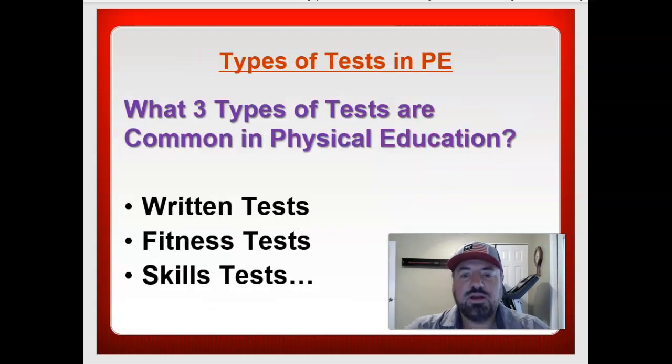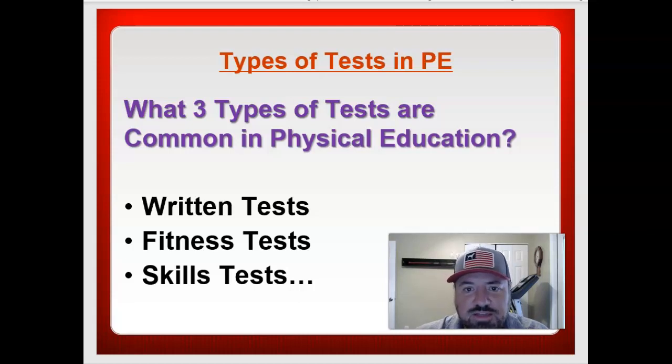So another thing that's important in assessments is understanding some basic common tests that might be used in physical education or different courses. All right. So there are 3 big broad categories. There's your written test, right? That may be multiple choice, fill in the blank, essay, something you do on pencil and paper. There are fitness tests.